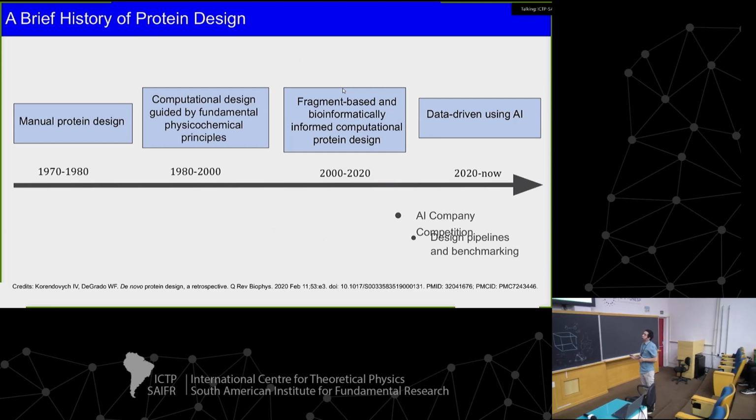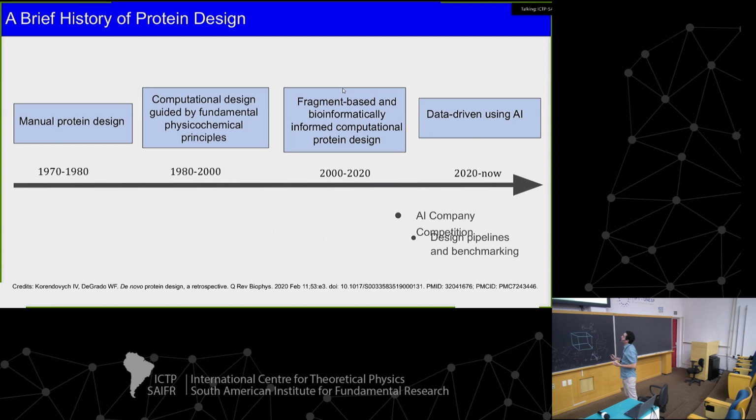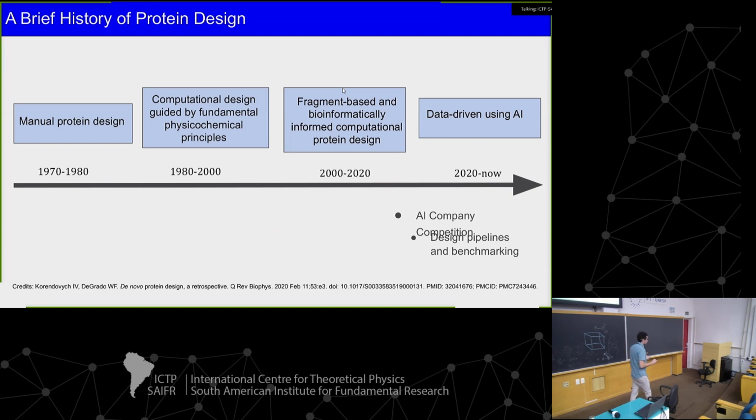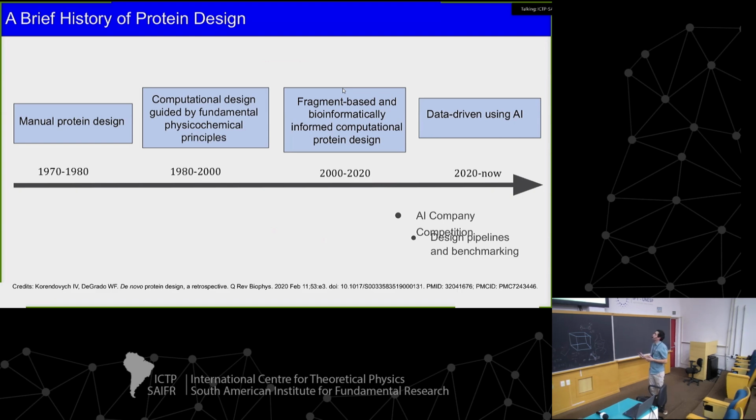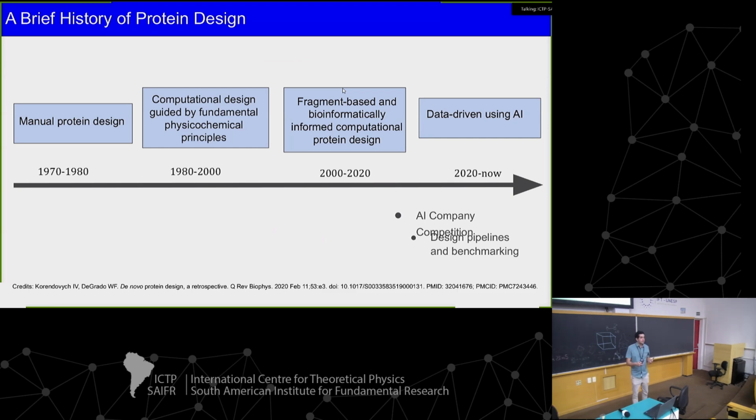Then with the use of computers and guided by fundamental physical chemical principles, they create a higher success rate for those designs that were expanded using our knowledge about structures in the PDB, using a fragment-based approach. And now we are living in the era of AI, because now you have a lot of data in the PDB, and these models are training on those data.